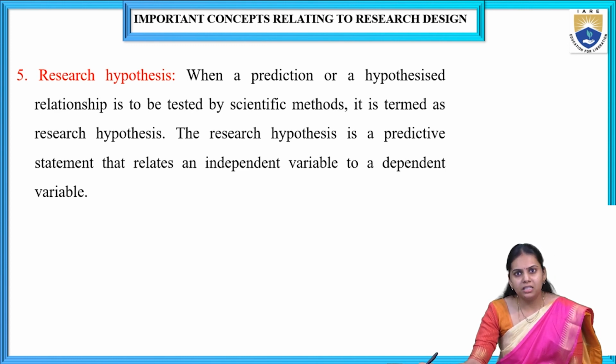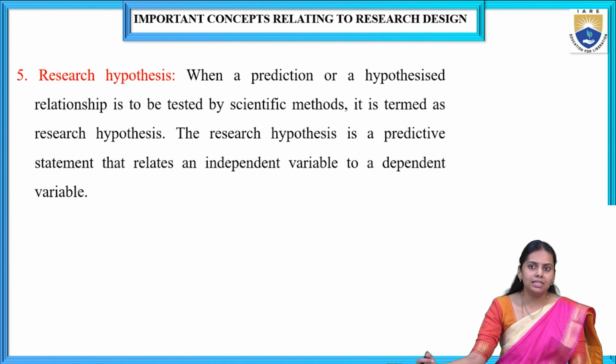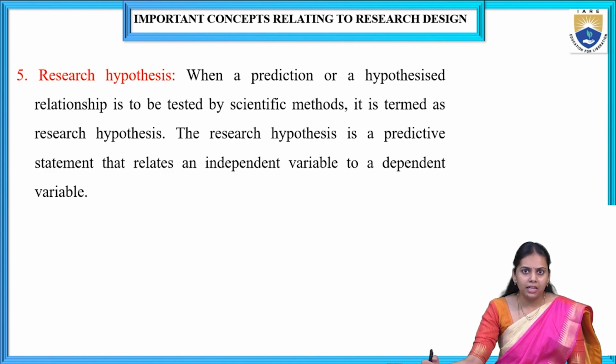When a predicted hypothetical relationship is to be tested by scientific methods, it is termed a research hypothesis. The research hypothesis is a predictive statement that relates an independent variable to a dependent variable.